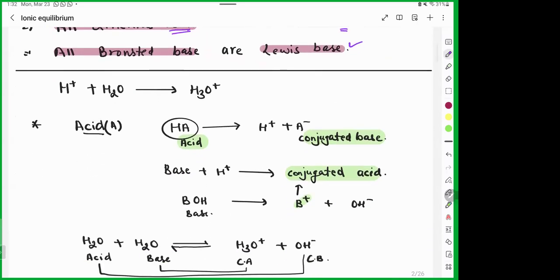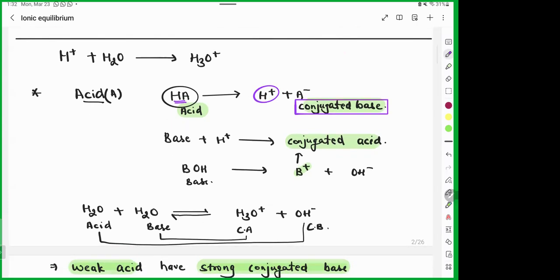Whenever you have an acid and it releases H positive ion, the remaining component is known as the conjugate base. If a base accepts H positive ion, it becomes the conjugate acid.